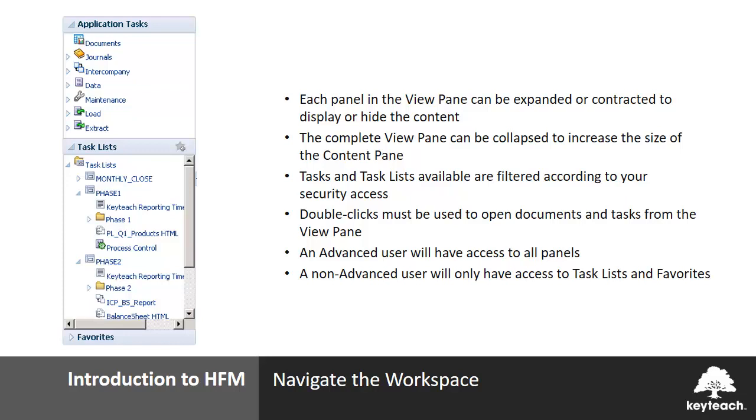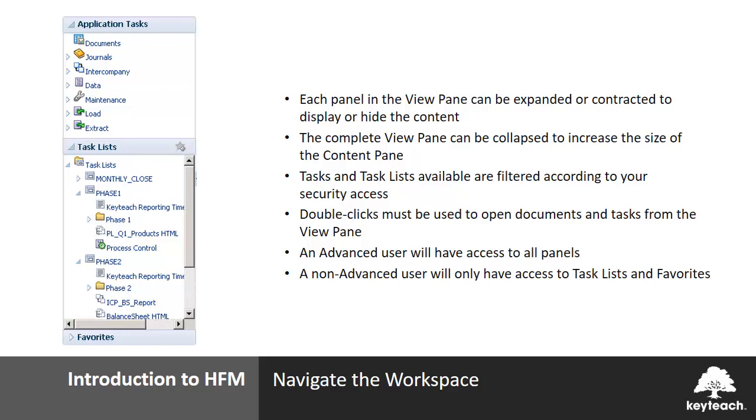So as an administrator, you'll need to provision the user and give them access to certain tasks. As an administrator, you can build documents and task lists and set up security around those. You do need to double click to open documents and tasks from the View pane.